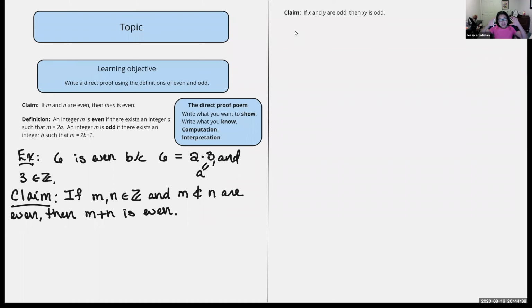Then, using that definition, I try to find a very small computation that I'm going to do. And then I end the proof by writing down an interpretation of my computation that connects those manipulations to the definition. The star of my proof is the logic.